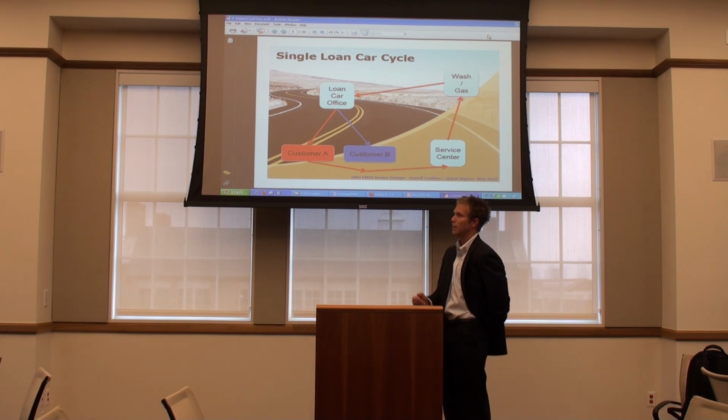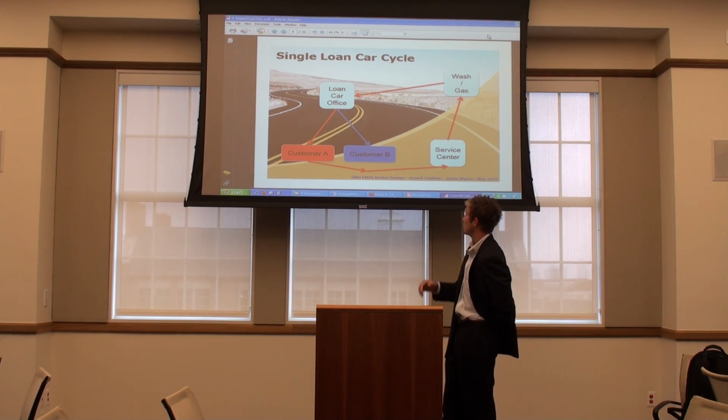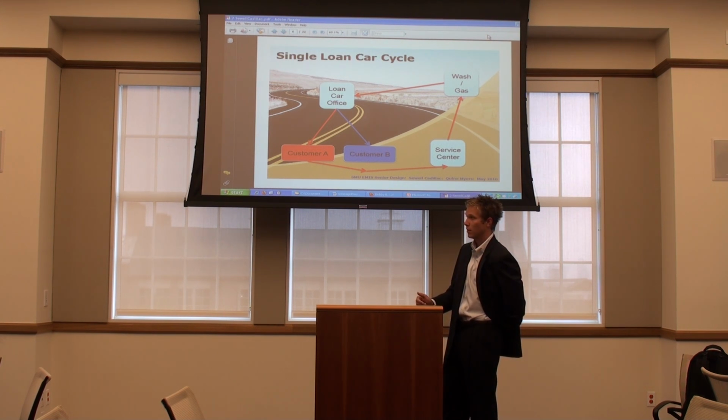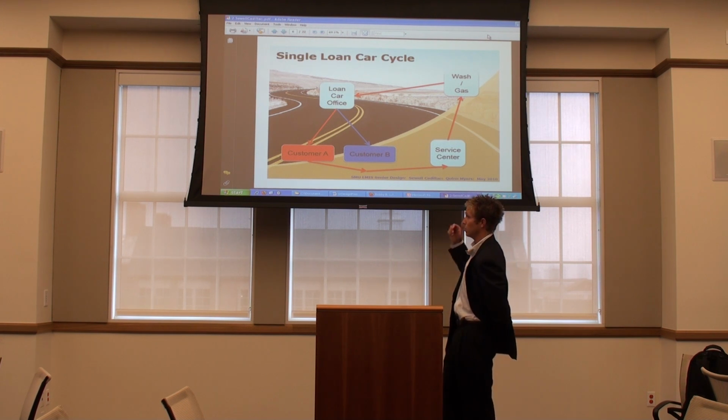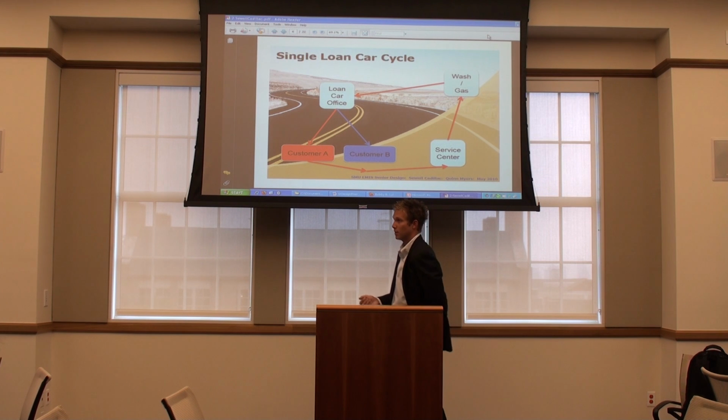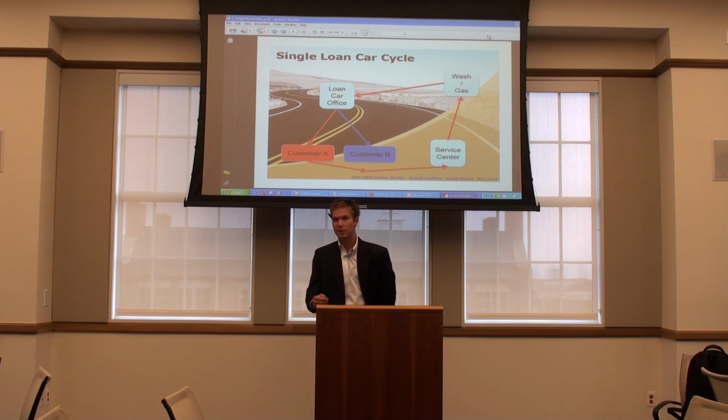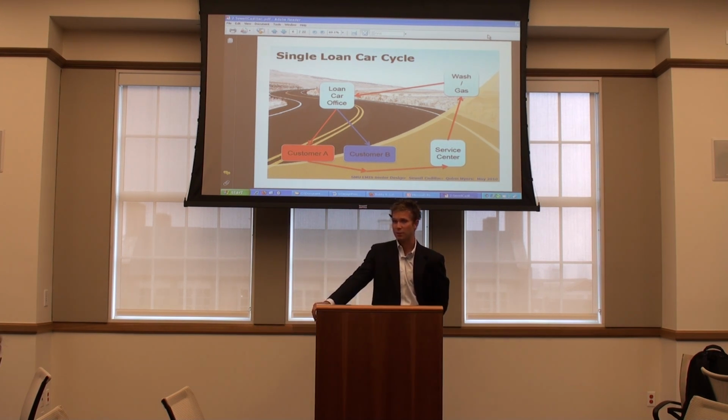Then they return it to the service center, where they're given their car back, and a porter runs the recycled loaner car to get washed and gassed. That takes about 20 minutes, and then it's back into the loaner car fleet to be issued to customer B.